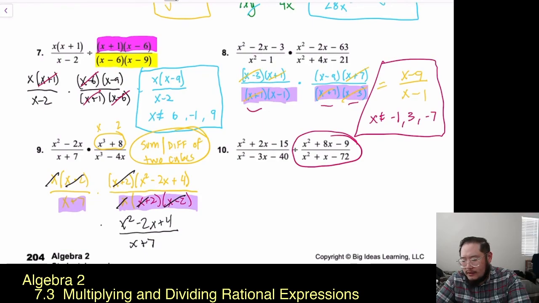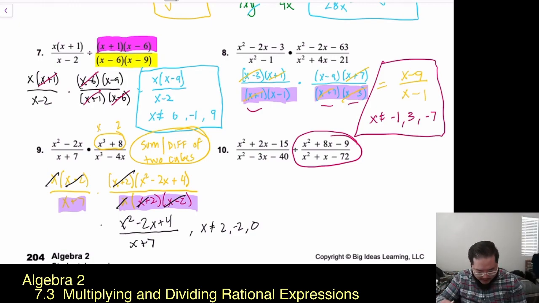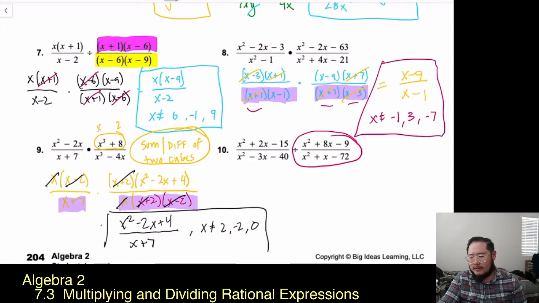All right, so lastly, let's put our restrictions down, and x cannot equal positive 2, negative 2, and 0. Once again, if you were to take each of those terms right there in the denominator and set it equal to 0, you will get these 3 numbers. And there you go, we've now finished and got our answer.